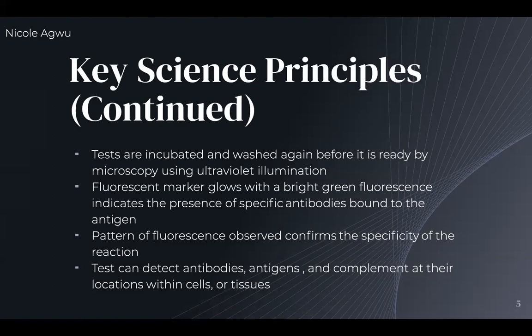When you are looking at it, the fluorescent marker glows with a bright green fluorescence, and this indicates the presence of specific antibodies bound to the antigen. And the pattern of fluorescence observed confirms the specificity of the reaction. This test can detect antibodies, antigens, and complement at their locations within cells or tissues.